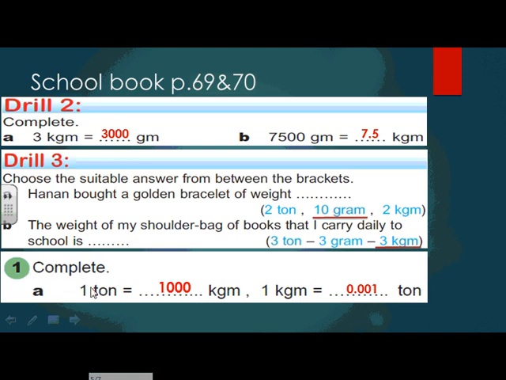Now, complete. 1 ton equals how many kilogram? We said 1 ton equals 1,000 kilogram. Excellent. And changing from big unit to small unit, I'm going to multiply. Now again, changing from small unit to big unit, I'm going to divide.